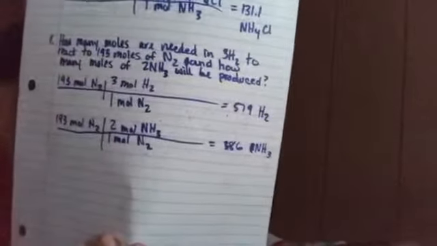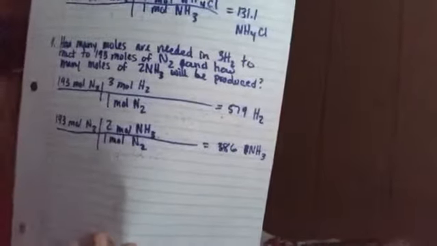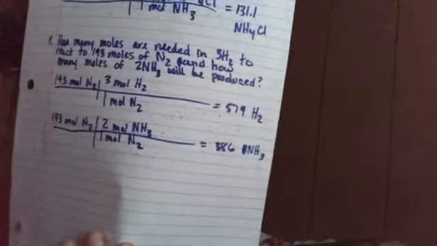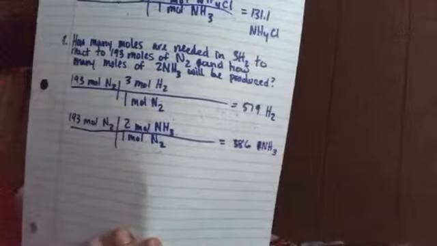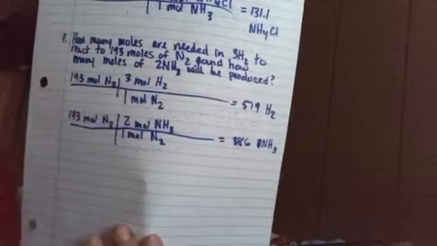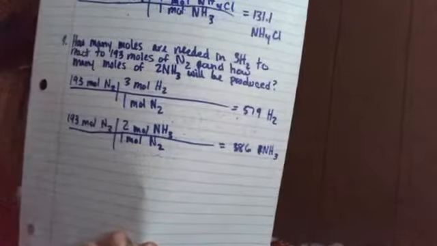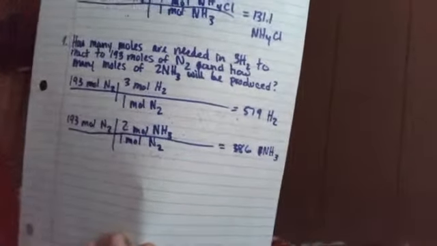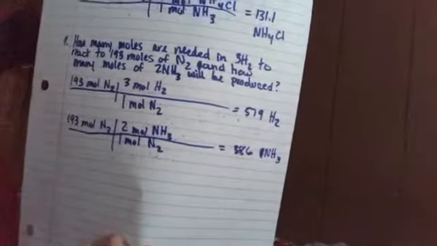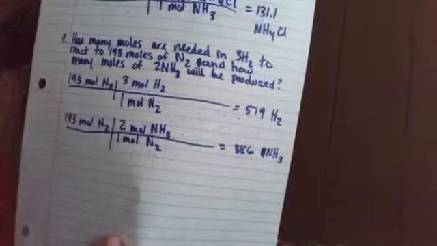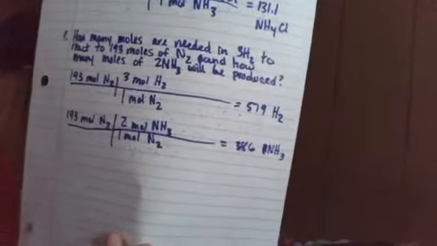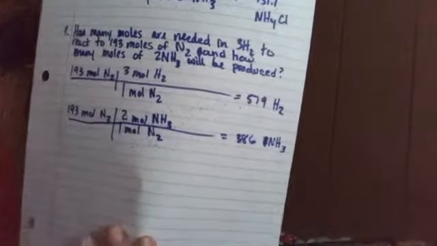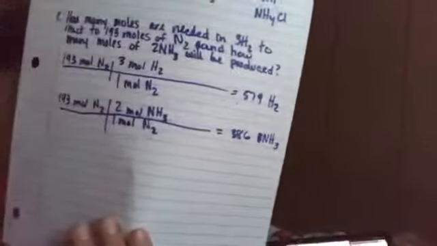So this time I didn't put any of the examples of what we need, but we know we have 193 moles of N2, so we would put that first on top, and then right beside it we put 3 moles of H2 because that's what we need in order to have a reaction. And then underneath we put 1 mole of N2 since we only have 1 mole of N2. So you do that and your total will be 579 H2.